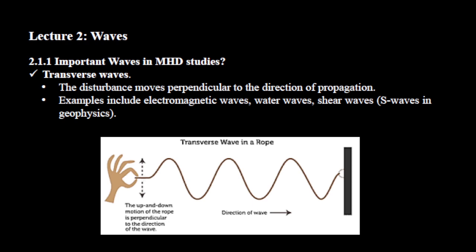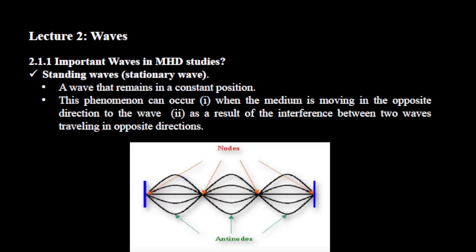All right. Now the standing waves, for example, or the transverse, you go back there, it's a disturbance that is perpendicular to the direction. So one is parallel, one is perpendicular. The standing or stationary, stationary tells you it must be constant. It's a wave that remains in a constant position.